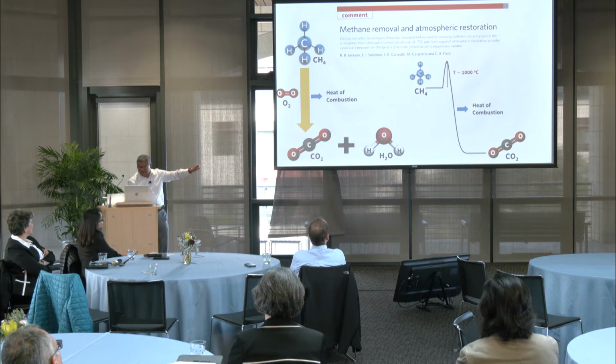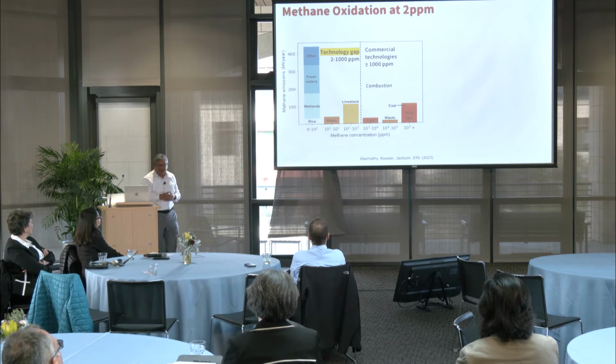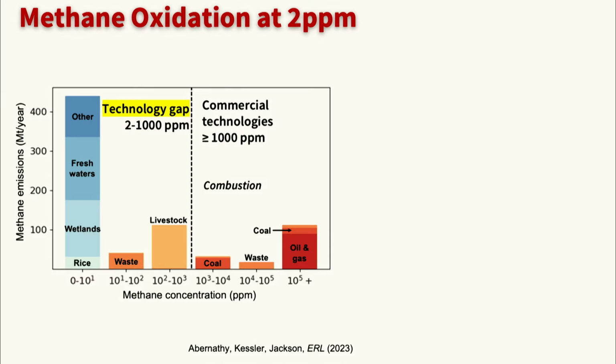There are different ways of doing it. I just want to show you methane concentrations that are coming out from natural sources. I showed you the sources of methane before. And this is another work from Rob Jackson with one of my students, Max Kessler, and Rob's student, Sam Abernethy, of the million tons per year of methane coming out, and at different concentrations of methane.